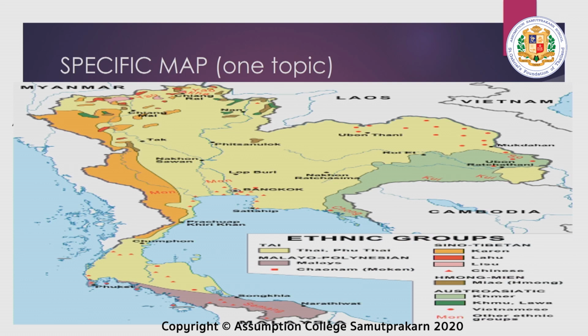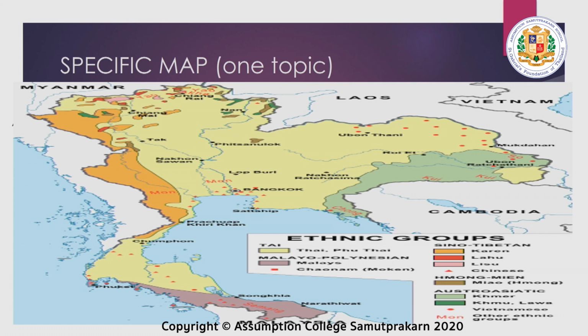Now this is the map of Thailand. What information is presented here? Does it show population? Does it show vegetation? Does it show religion? No. The information presented here is about ethnicity.